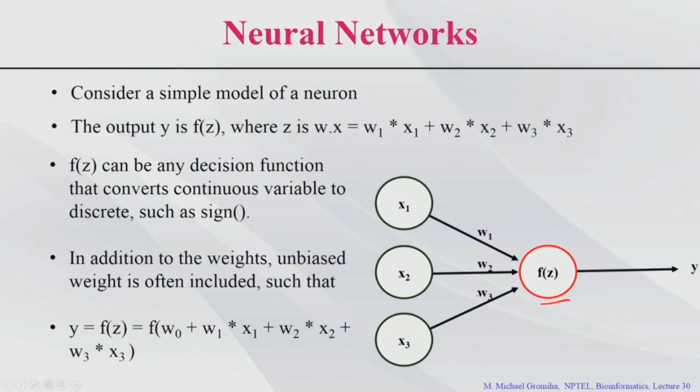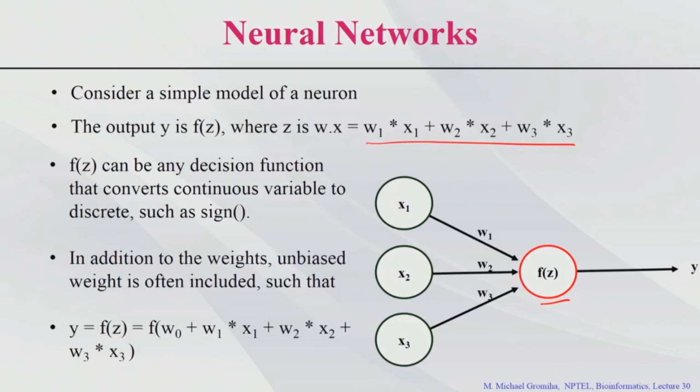The function f of z you can write in terms of the weights and inputs as w1 into x1, plus w2 into x2, plus w3 into x3. This can be any decision function. Depending upon your sign, if it is plus, then it is one class, and if it is minus, it is the other class. You can use any sign function to assign which class it is.